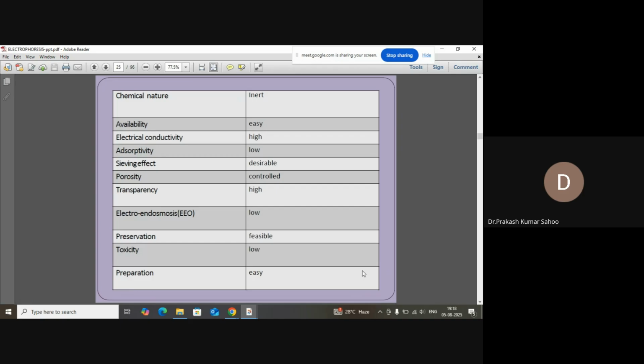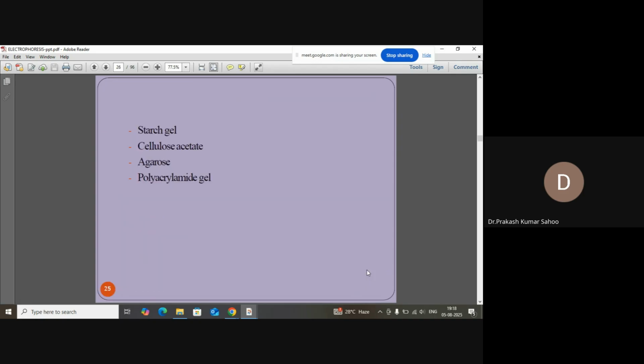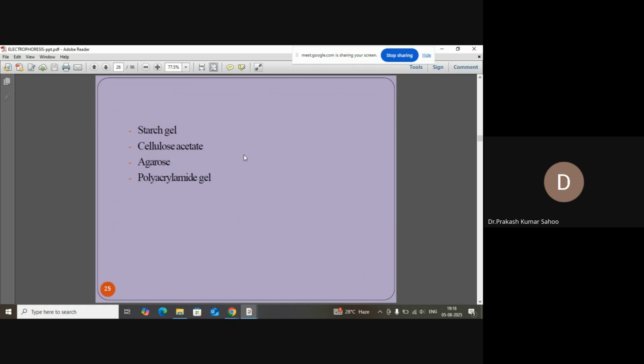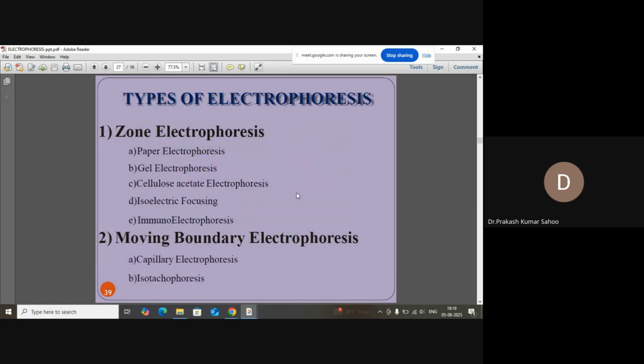That's why electrophoresis techniques are frequently used for the separation of ions. These are some supporting media: starch gel, cellulose acetate, agarose or polyacrylamide gel.